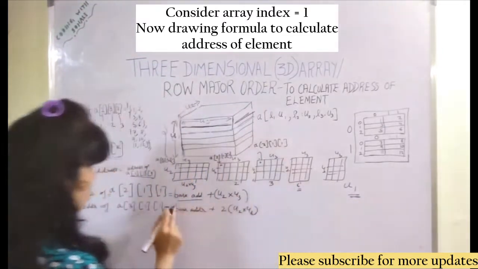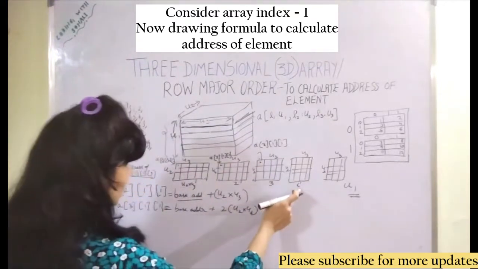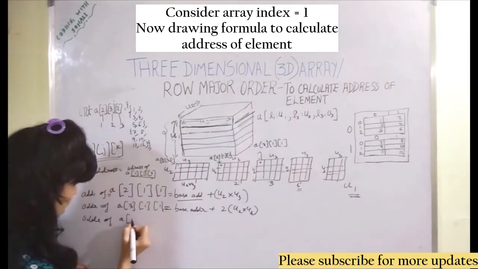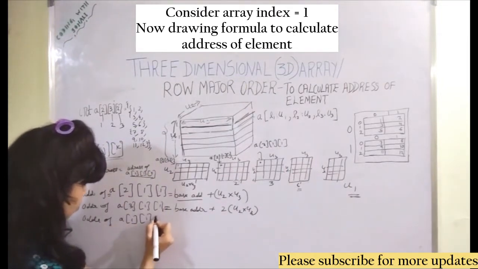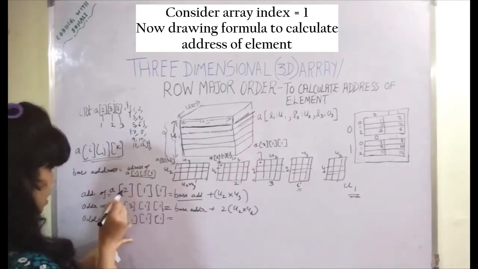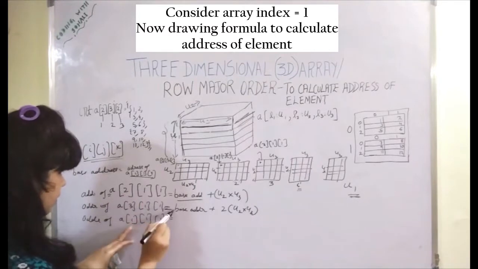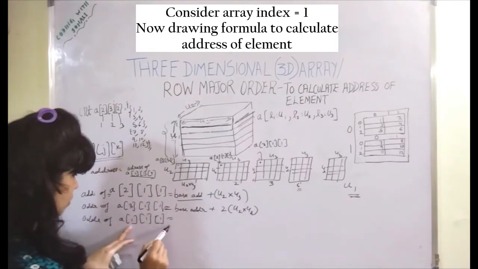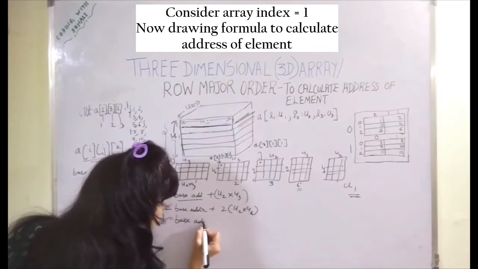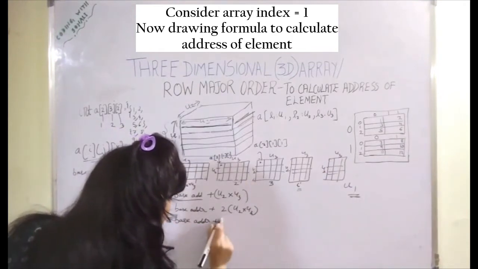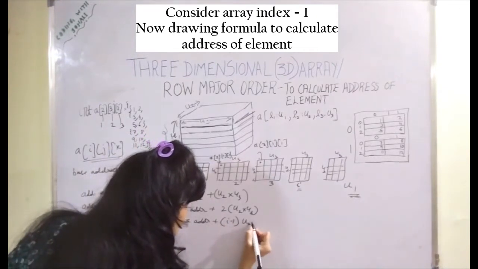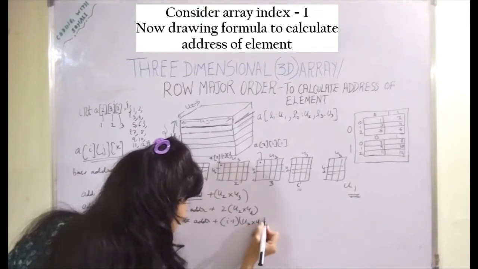So to calculate the address of the element I, 1, 1, what changes can I make? We have seen the addresses of 2, 1, 1 and 3, 1, 1. Now for I, 1, 1, it will be the base address plus (I minus 1) U2 into U3.